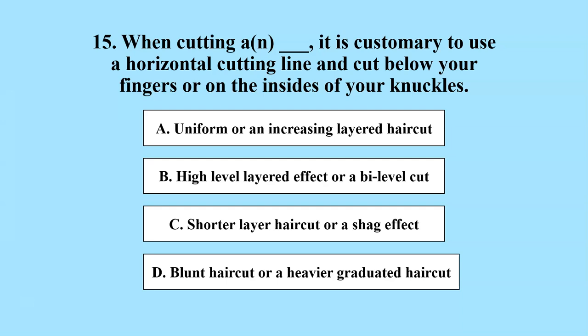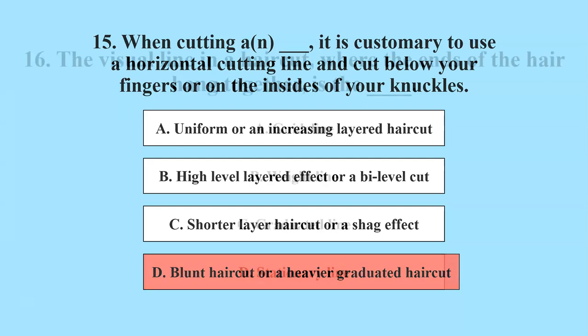Uniform or an increasing layered haircut, high-level layered effect or a bi-level cut, shorter layer haircut or a shag effect, blunt haircut or a heavier graduated haircut. If you chose D, blunt haircut or a heavier graduated haircut, you are correct.